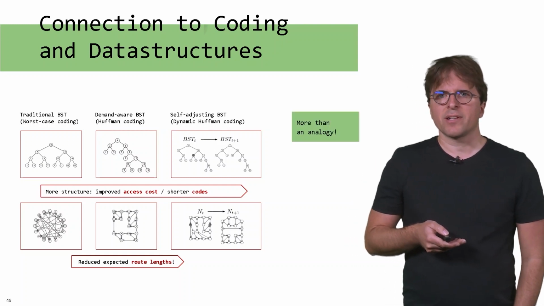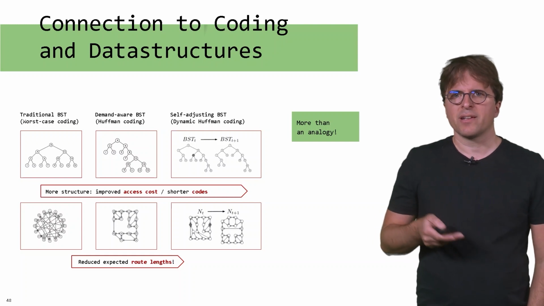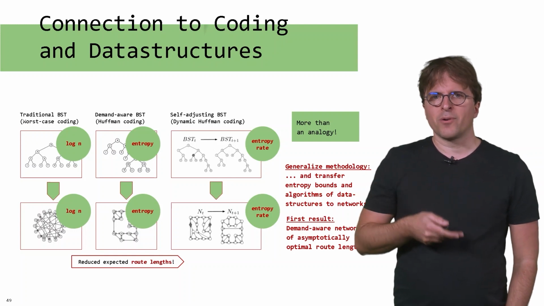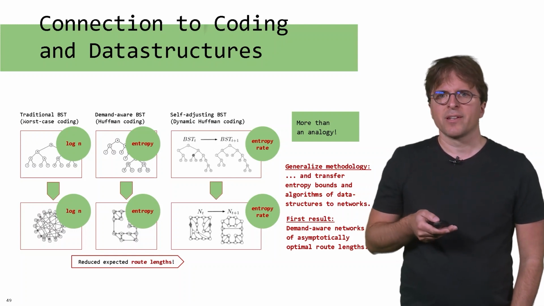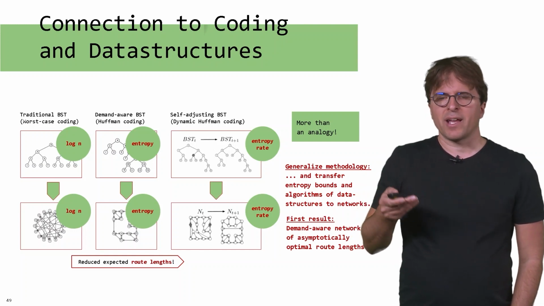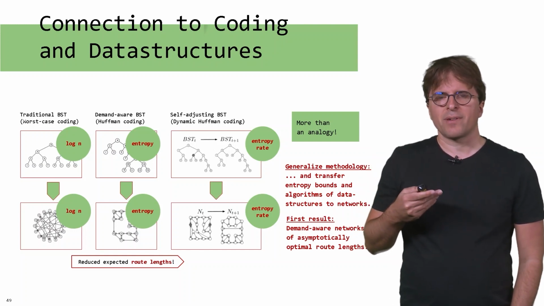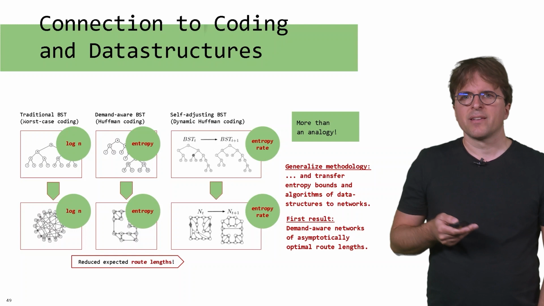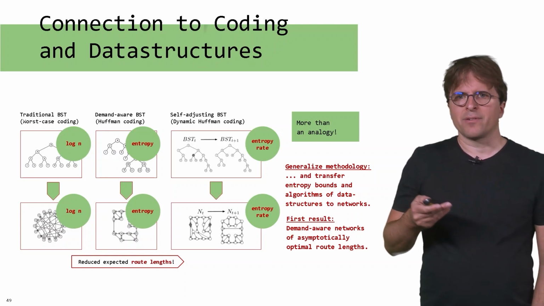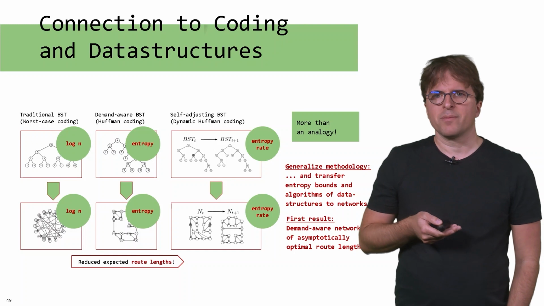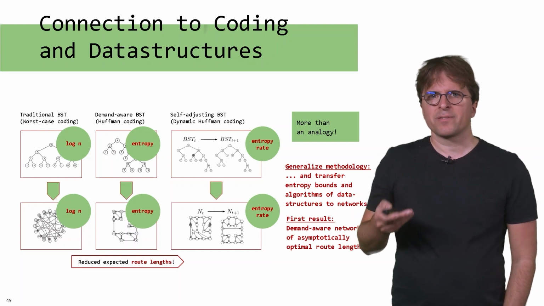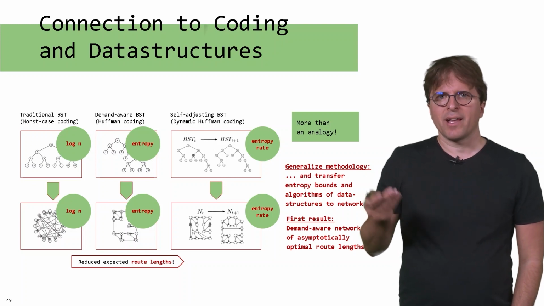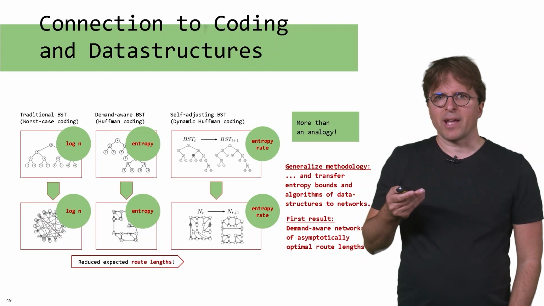And in fact, this is not just an analogy, but you can generalize the methodology from coding and data structures also to the network. So a lot of the bounds, a lot of the algorithms that we have in coding and data structures, we will see that we can also generalize them to the network case, and have demand-aware networks that perform better if they are more adaptive. So for example, if you have a demand-oblivious binary search tree, then the expected cost there is log n.